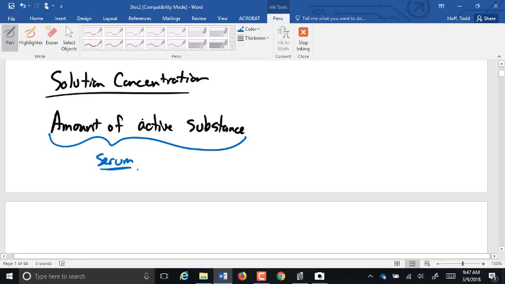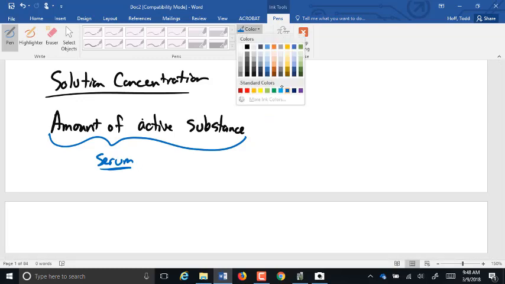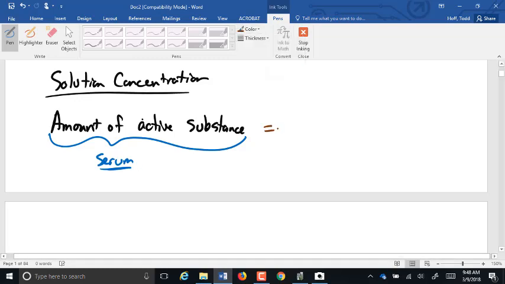Serum could be a pure medication like lidocaine, iodine, anything that we would use, or it could be a sample of blood, urine, something like that. It's just the pure active substance that we're working with. And the amount of that active substance is equal to the concentration times the total amount.